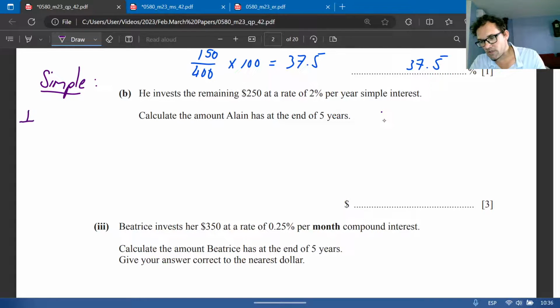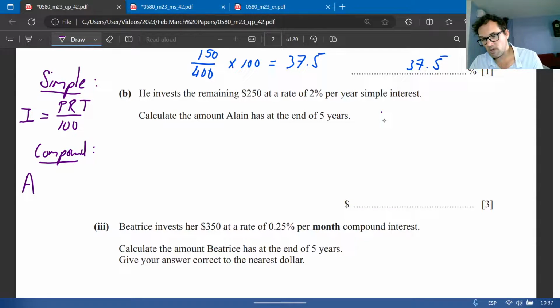The interest, very important, equals the principal, that is the amount of money you start off with, times the rate, that's the percentage interest, times the time, divided by 100. Remember that. As opposed to compound, which gives the amount. This is important.